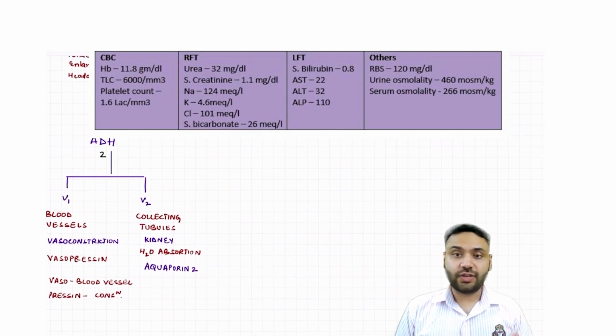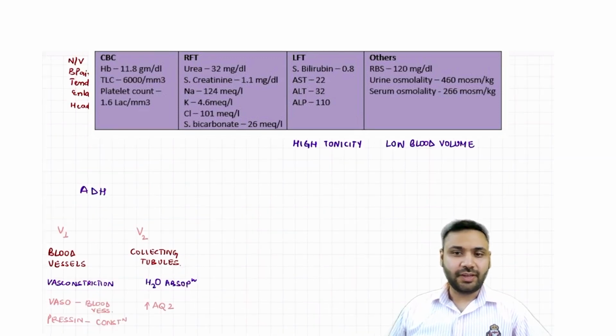ADH has V1 receptor and V2 receptor. V1 receptors are present on blood vessels, due to which it causes vasoconstriction. That is why it is called vasopressin. While V2 receptors present in collecting tubules of the kidneys cause water absorption via aquaporin 2. I believe it is clear to everyone.